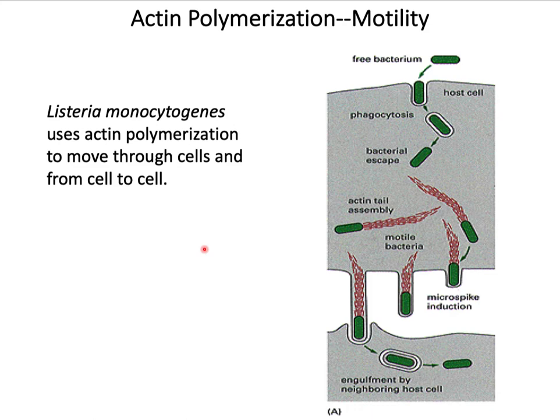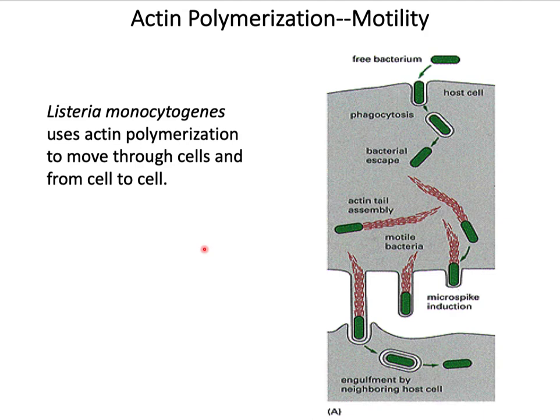Listeria monocytogenes is a bacterium. It is a foodborne pathogen, and you often hear of recalls of dairy products or processed meat like deli meats that might be contaminated with Listeria. So Listeria is taken up by white blood cells, the immune cells such as macrophages, by phagocytosis, and they end up in the phagosome.